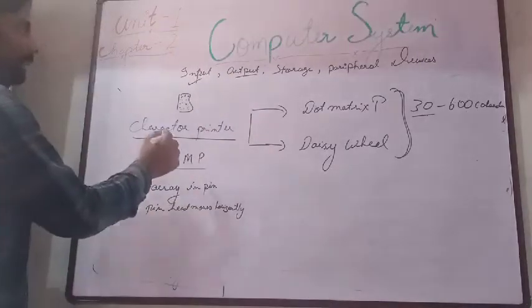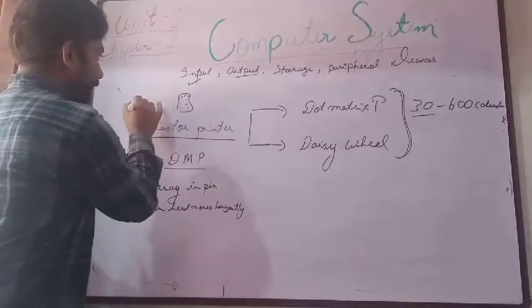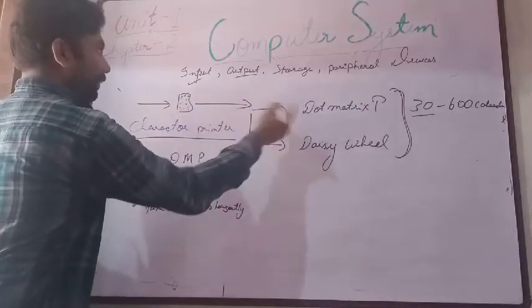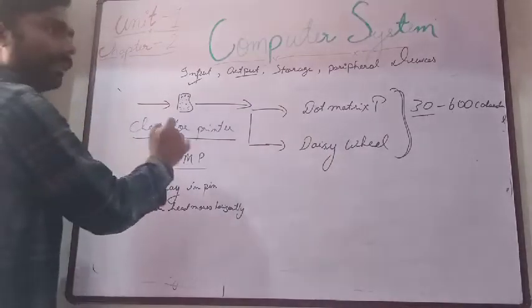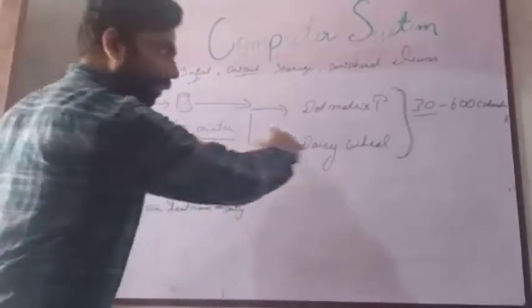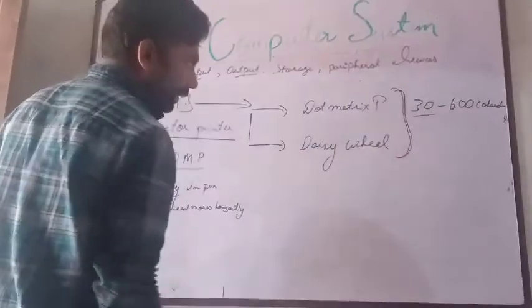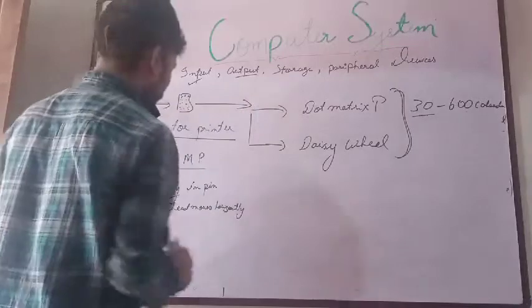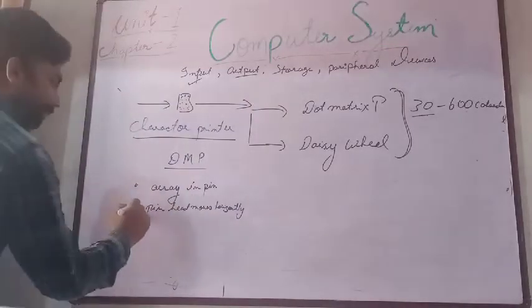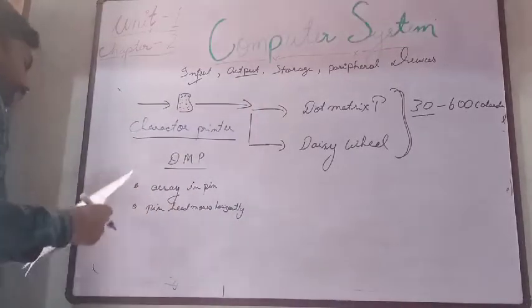The print head moves horizontally, this side and that side, because when we write on plain paper, we write horizontally, not vertically. We move our hand from left to right.